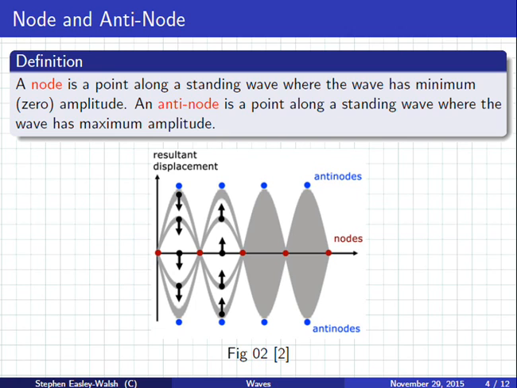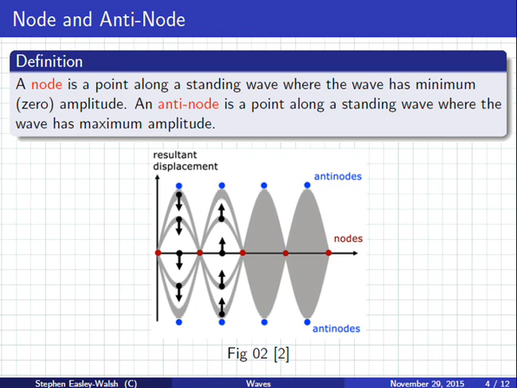So when you have standing waves, you have two parts of a standing wave called a node and an antinode. Basically, the antinodes are the parts that move the most, whereas the nodes are the parts that look like they're not moving. So if I go back to my picture a moment ago, you see this point here and this point here. These are called the nodes.